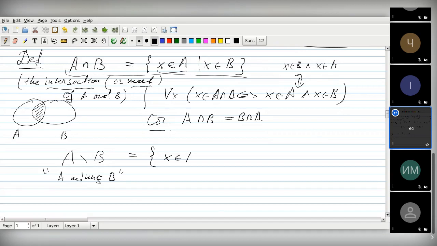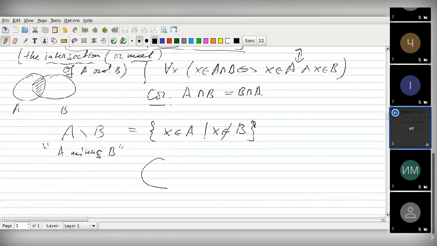All elements of A which are not elements of B. A without B, or A minus B. We may group together all elements of A which do not belong to B. Is it clear?